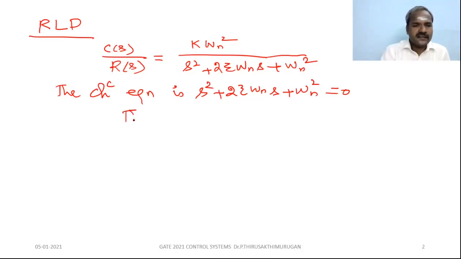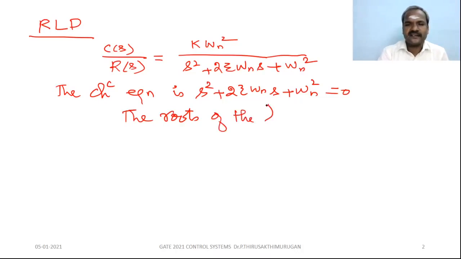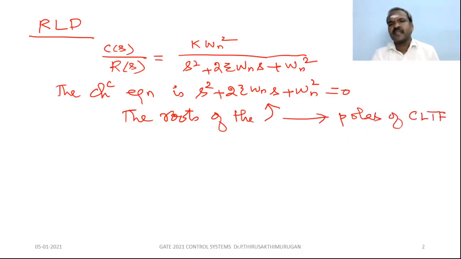They are called poles because denominator roots are called poles, and numerator roots are called zeros. Therefore, changing the gain will change the values of the closed loop poles of the transfer function.